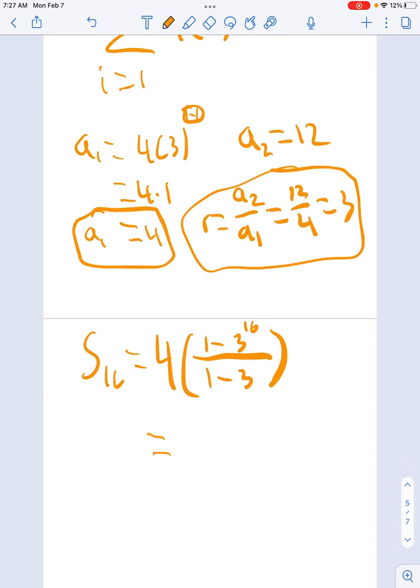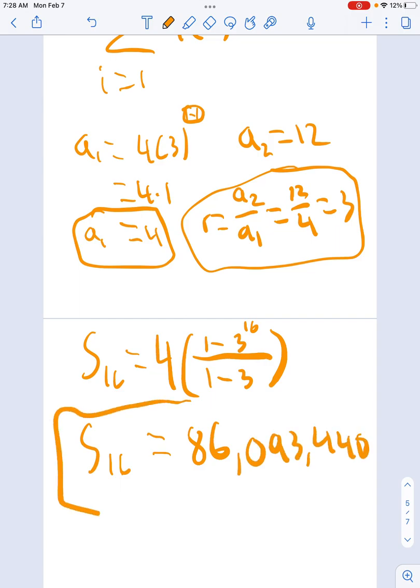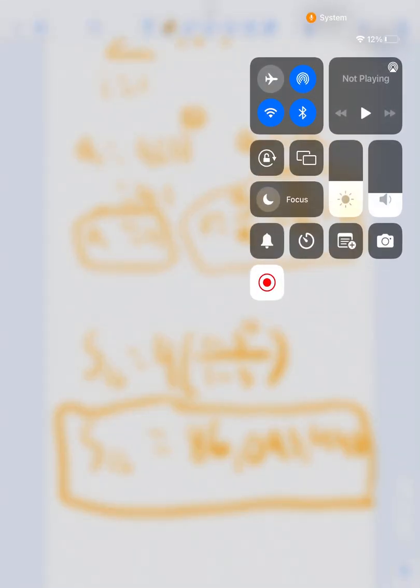Again, most likely you're going to have to use a calculator to do 3 to the 16th power and to simplify, but once you do and you plug it all in, you should get the sum of the 16-term geometric series is 86,093,440. There you have it.